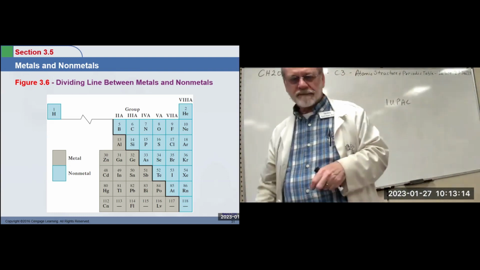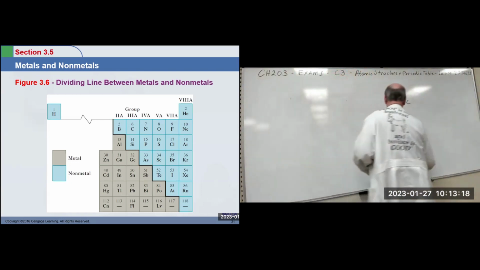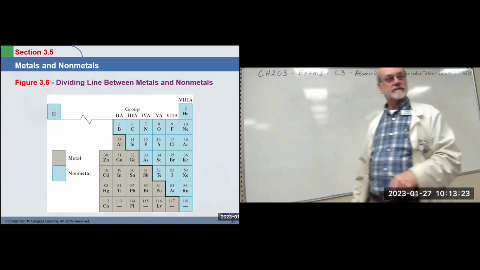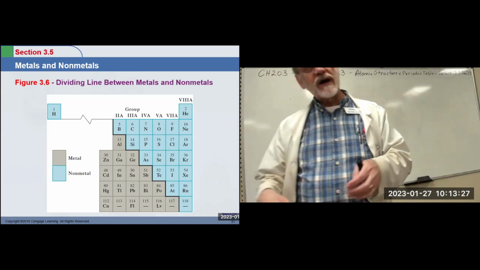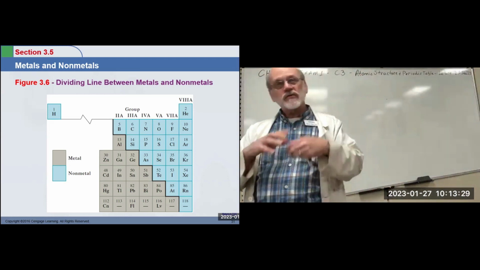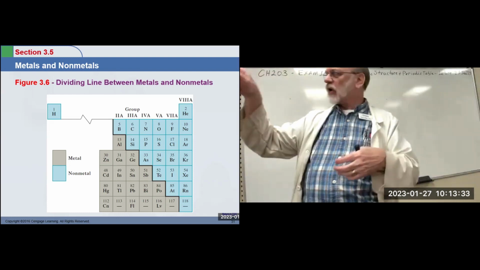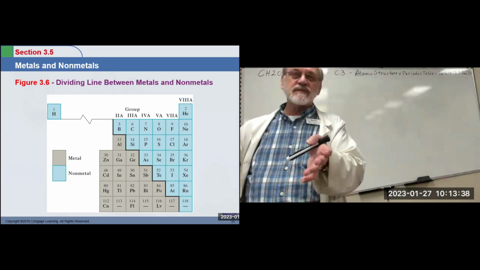Now, if I haven't said this before, I'll say it again. Nature just does what it does, and we try to explain it. So by dividing things into metals and nonmetals, we're trying to explain something about their behavior. When we draw that dark line, we're saying the right-hand side is nonmetals, the left-hand side is metals.